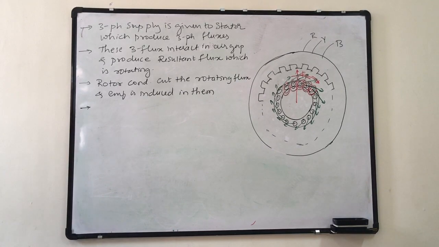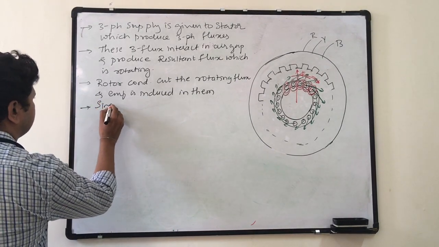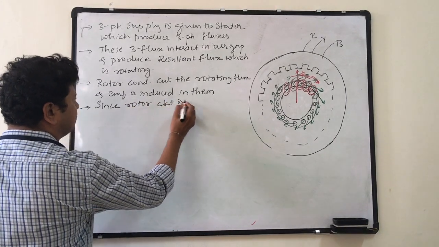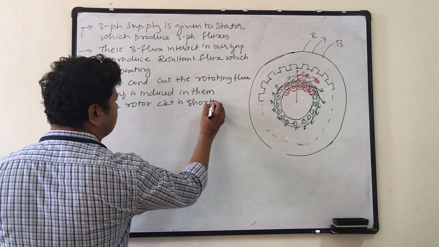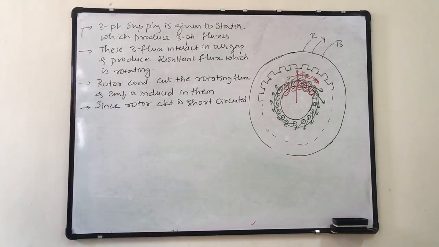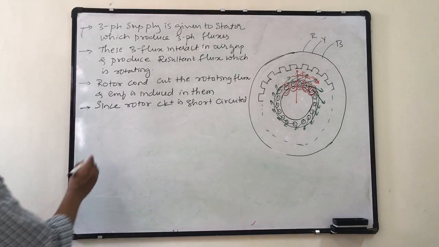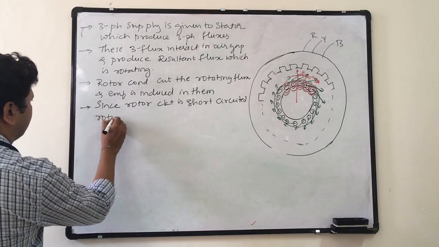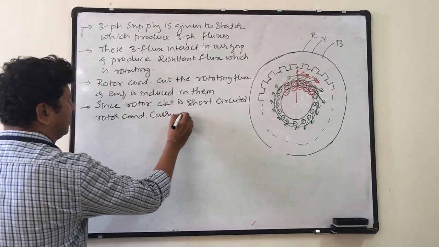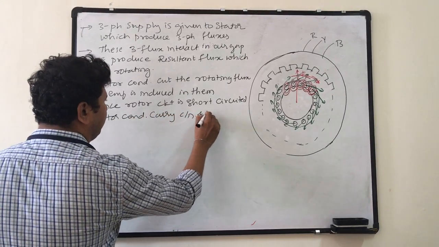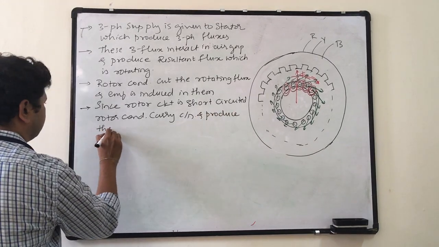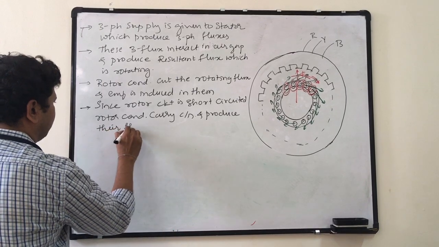Okay, then since the rotor circuit is short circuited, the rotor conductors carry current and produce their flux.